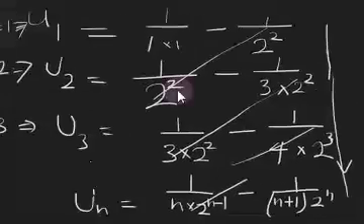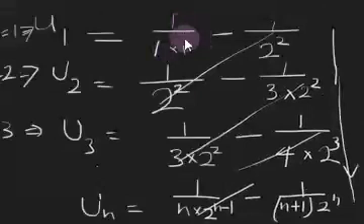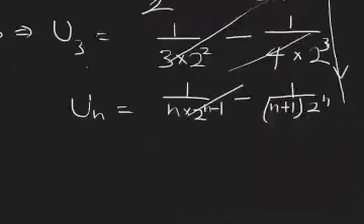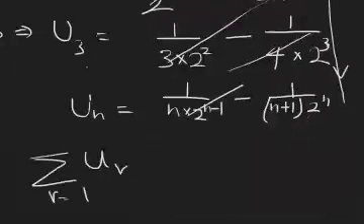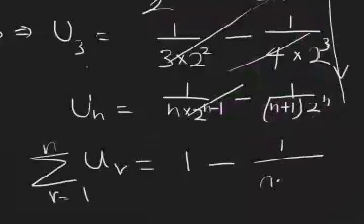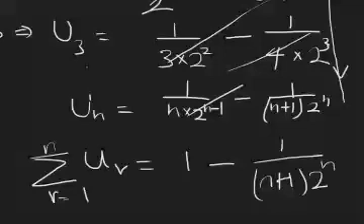From here you get 1, the sum of u sub r, r goes from 1 to n. So 1 minus the other remaining term, 1 over (n plus 1) times 2 to the n, right?